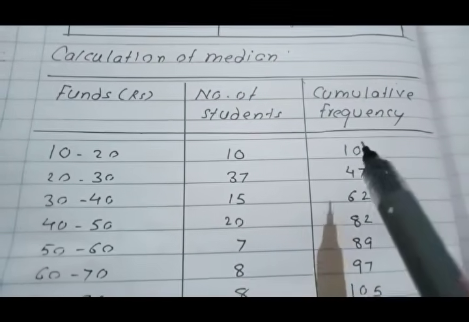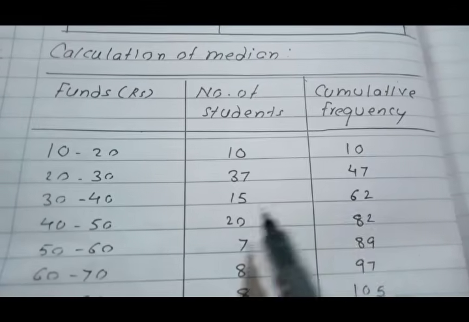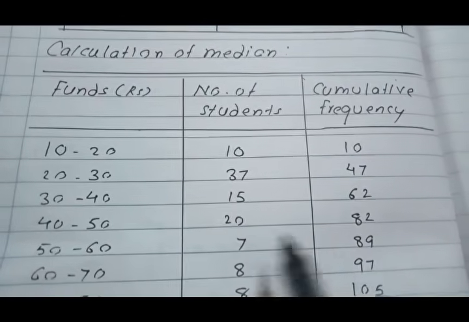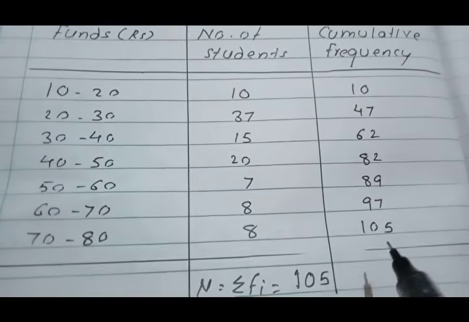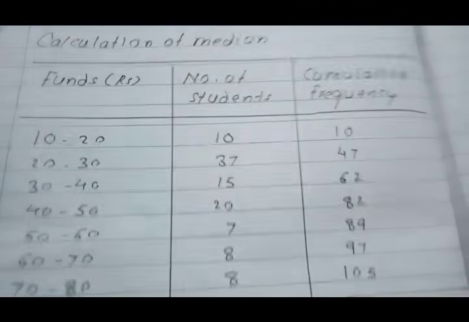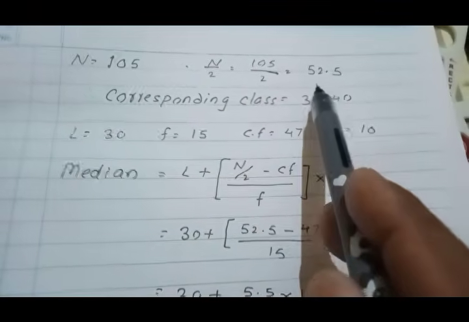Then the cumulative frequency: 10, 10 plus 37 is 47, 47 plus 15 is 62, 62 plus 20 is 82, 82 plus 7 is 89, 89 plus 8 is 97, and 97 plus 8 is 105. Then n is 105, n upon 2 is 105 upon 2, 52.5.